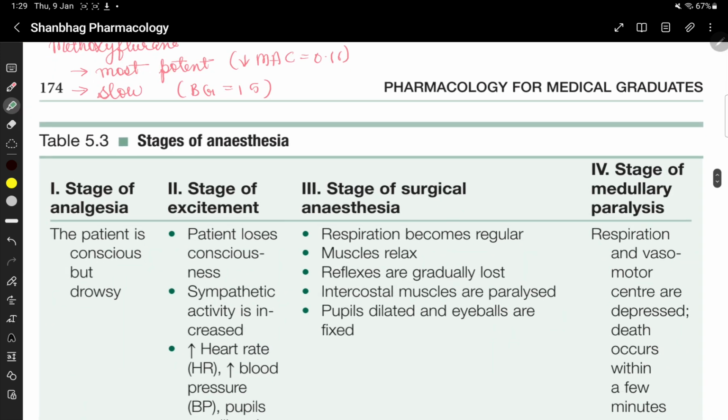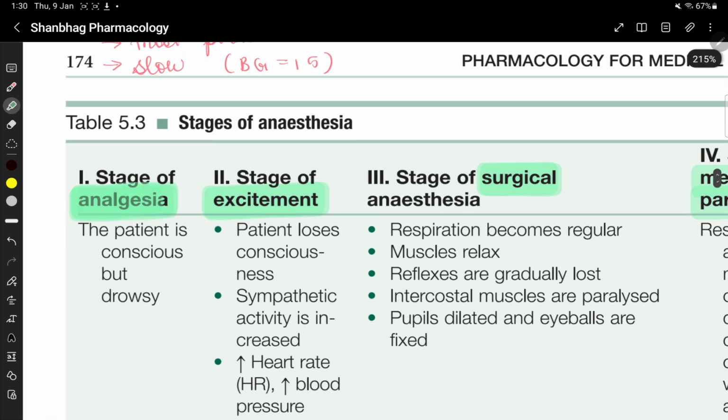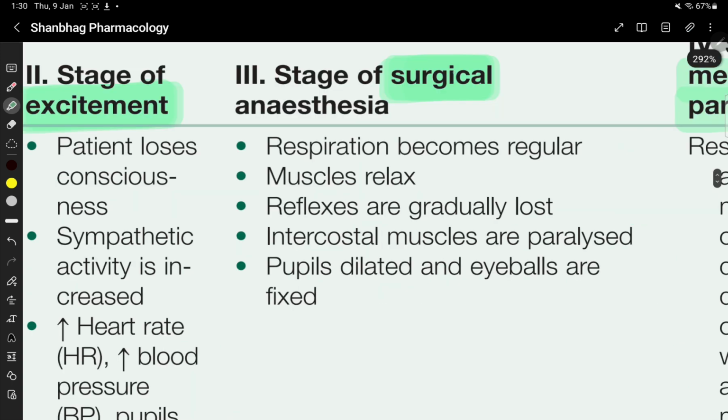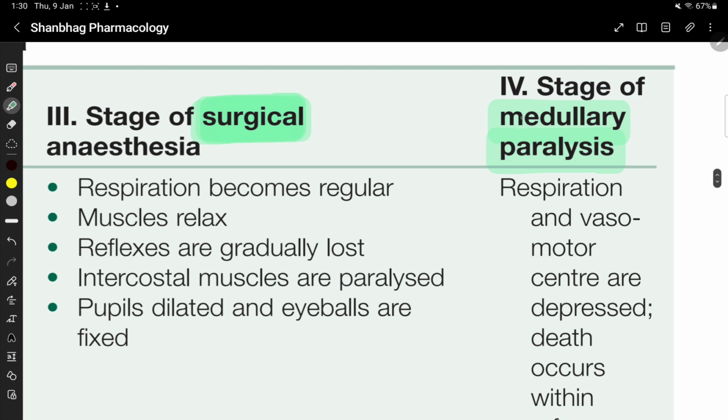There are four stages of anesthesia. First is stage of analgesia, stage of excitement, which is the most dangerous stage, then stage of surgical anesthesia, in which all the surgical procedures are performed, and stage 4 is the stage of medullary paralysis.